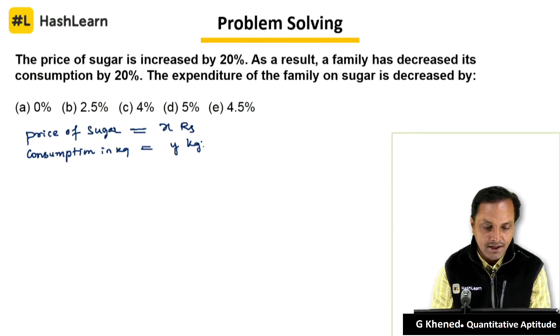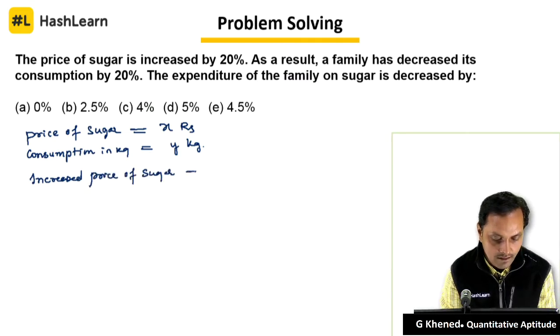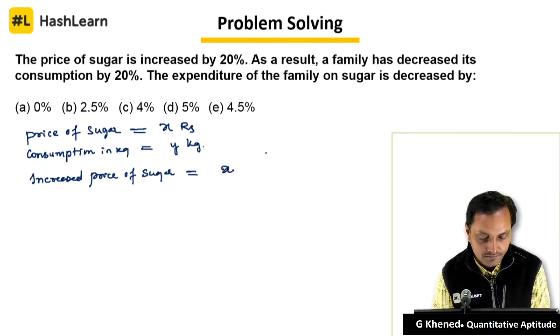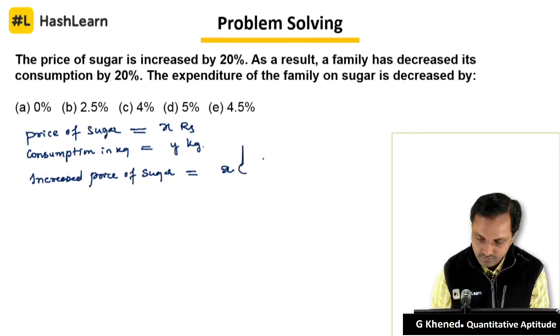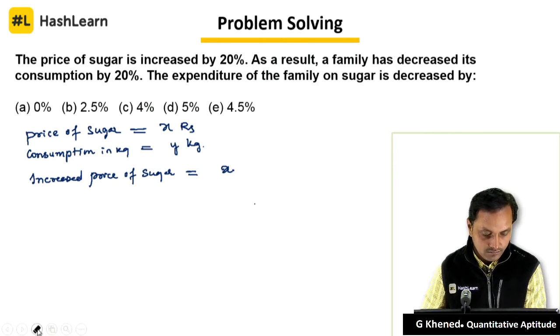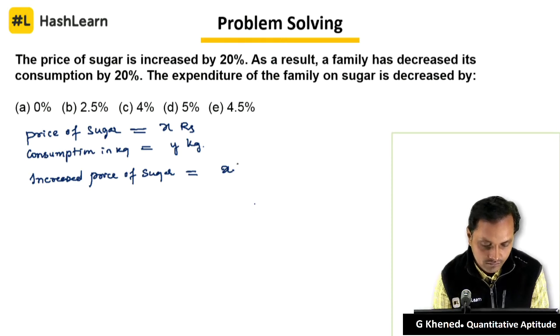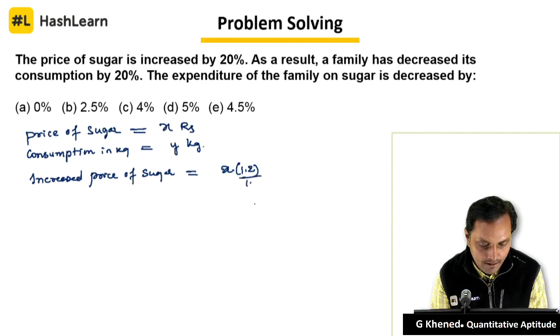The price of the sugar is increased, so the price of sugar is X into 20%, which is nothing but 1 plus 20 by 100.